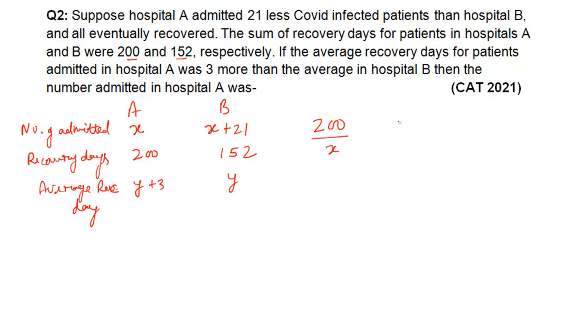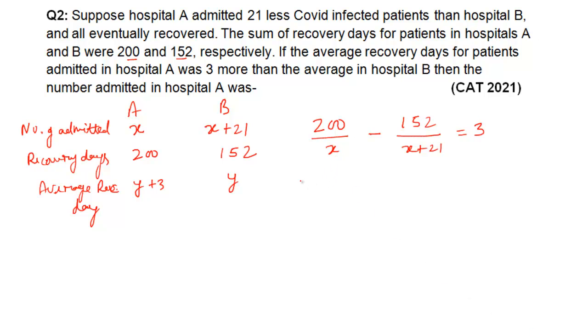And for hospital B, that will be 152 divided by X plus 21. And it is given that the average for A is 3 more than B, so this difference is equal to 3.